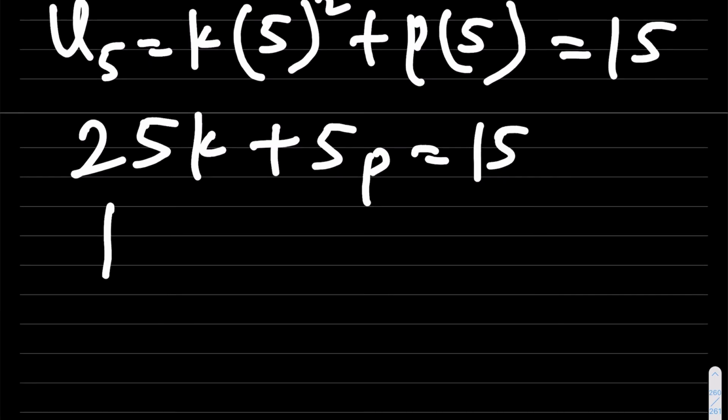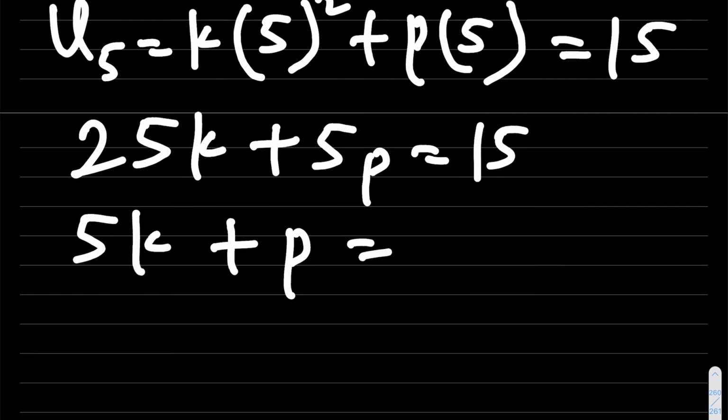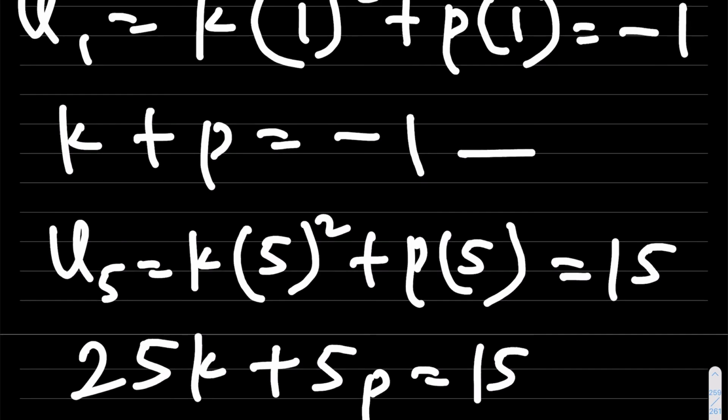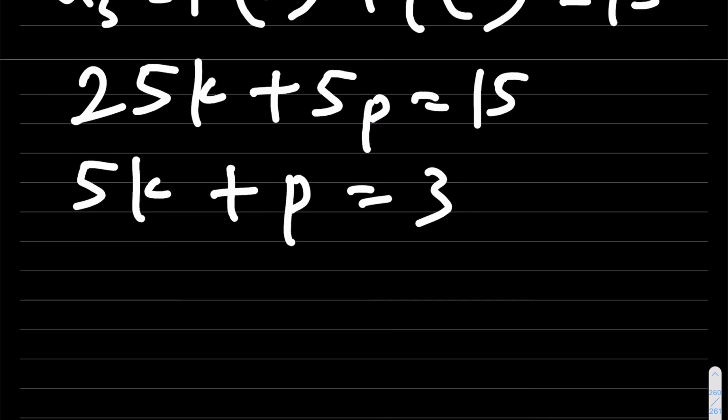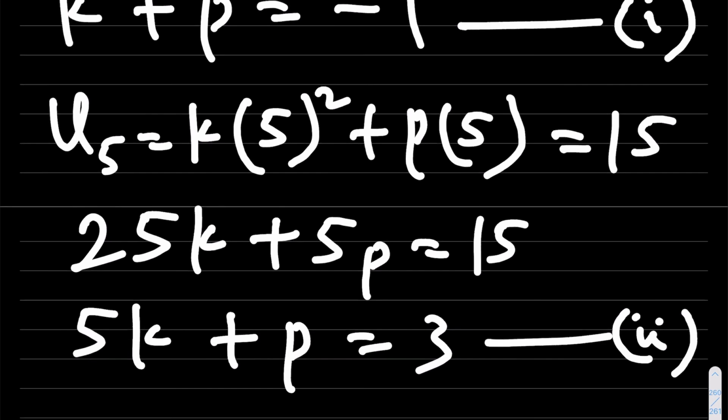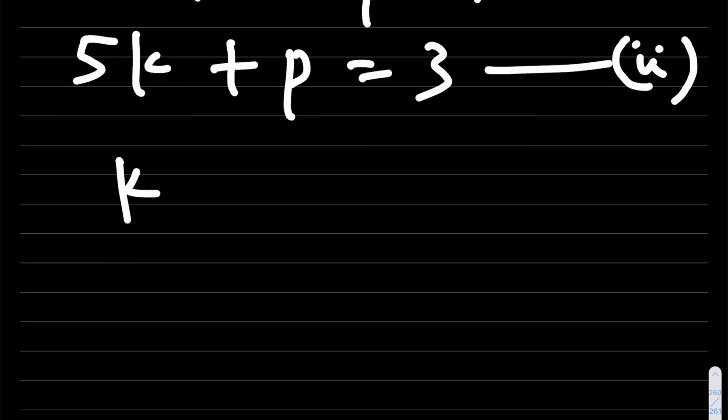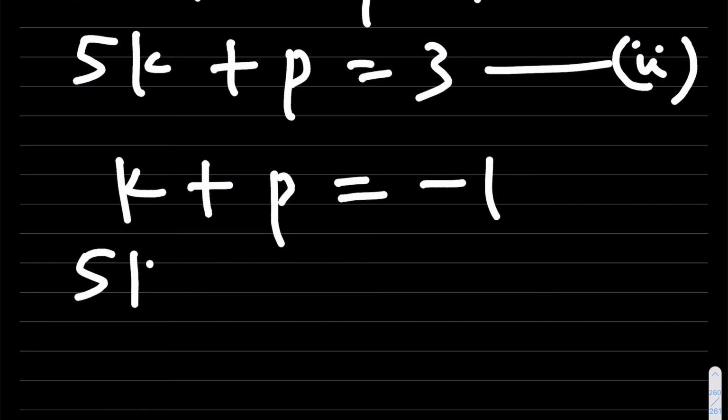Yeah, we can divide through by 5 to have 5k plus p equals 3. Let me call this equation 1 and call this equation 2. Now I want to solve the two equations simultaneously. k plus p equals minus 1, and equation 2, 5k plus p equals 3.